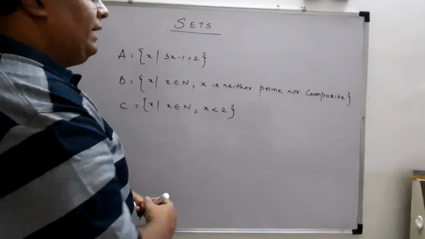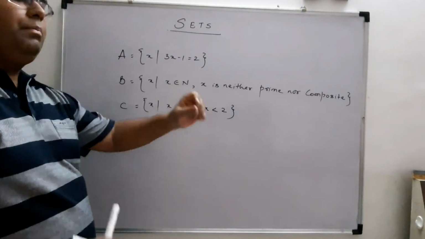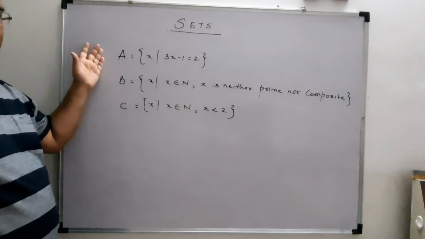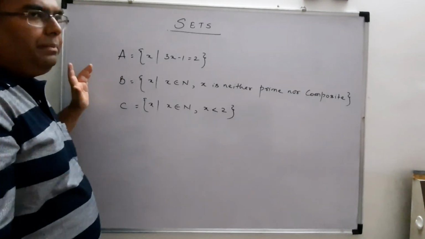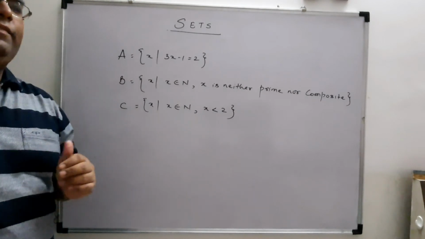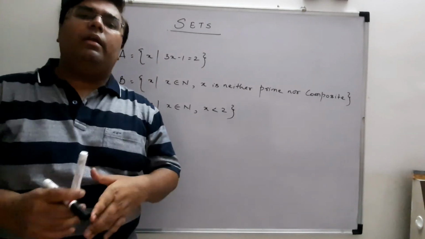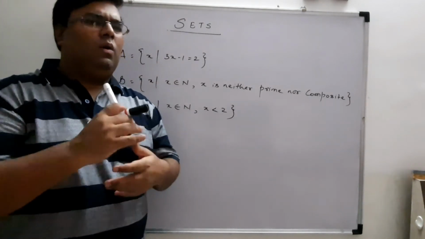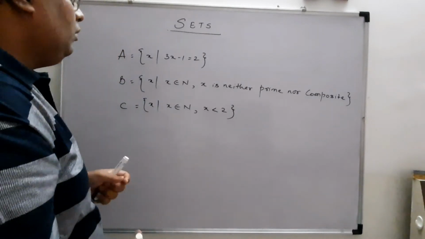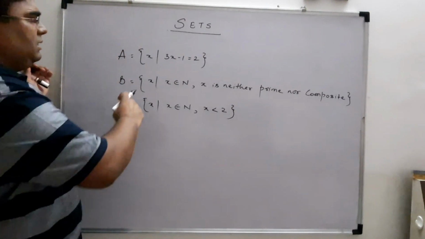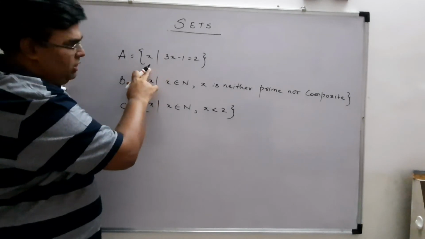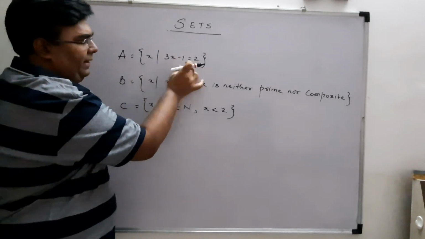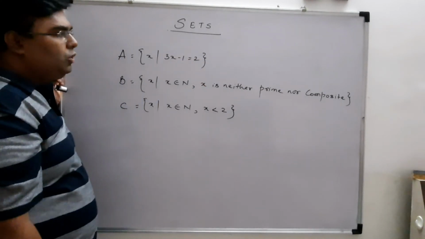Okay, let us understand equal sets with one example. Okay, here I have taken three sets, A, B and C. Now we need to find whether these three sets are equal with each other or not, or if any two of them are equal or not. So my first set is x such that 3x minus 1 is equal to 2.